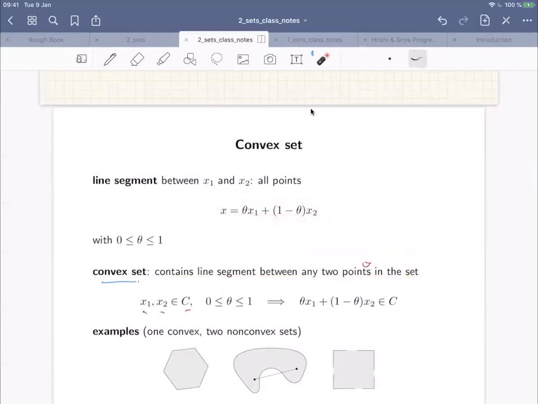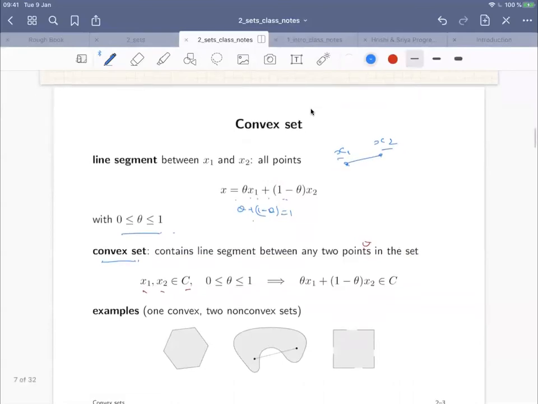If you add theta plus 1 minus theta, that equals 1. This satisfies the first constraint of the convex combination. And the next constraint is theta has to be between 0 and 1. If you apply these two constraints, then this combination is called a convex combination, which gives the line segment between x1 and x2, which we already saw.